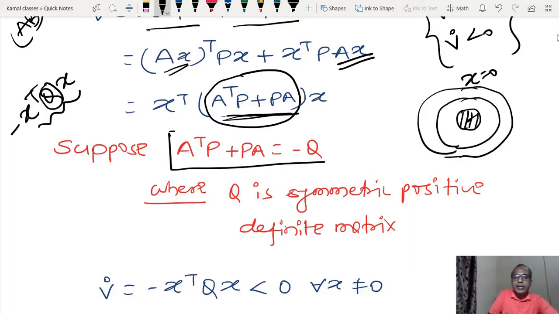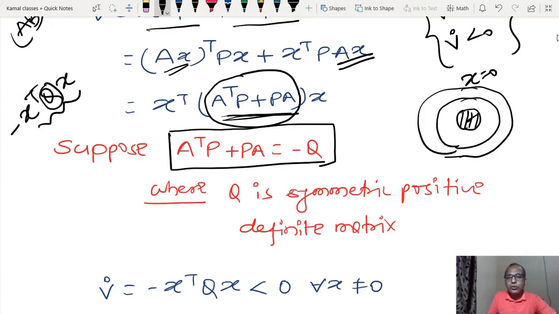Due to that reason we have chosen this particular condition, because I want V dot less than 0. In the weak case you can select Q as positive semi-definite, not positive definite, and that is also allowed. Why? If I select positive semi-definite, then at least I can talk about the stability.